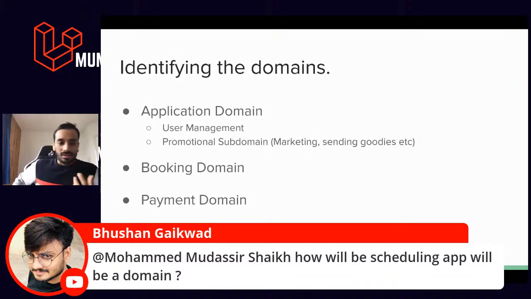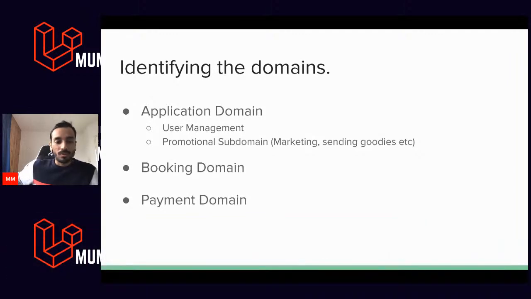Now this is a debatable point, that the payment domain can be isolated or cannot be isolated. It can be part of the application domain, but it is really a team decision. For example, if I were in a team, I would like to keep payment as flexible as possible, because right now we have a booking domain.